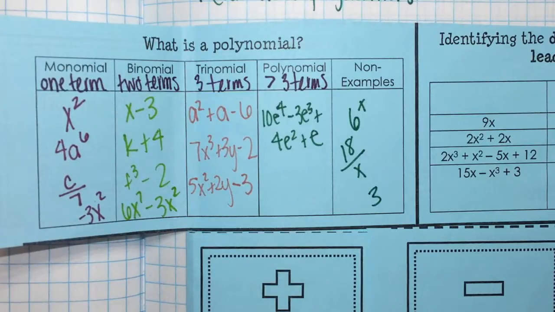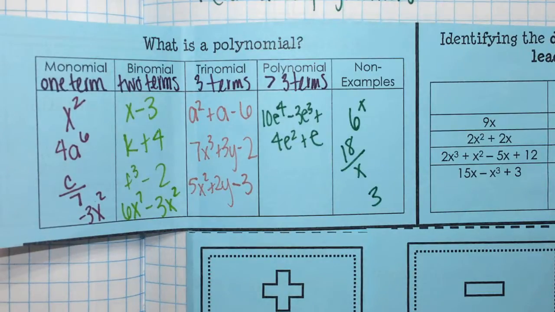And that's not a polynomial. That's a constant. That's a number. So it has to be a variable. Are we ready now?